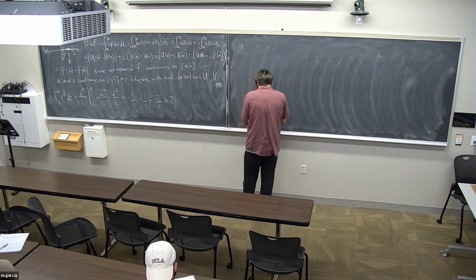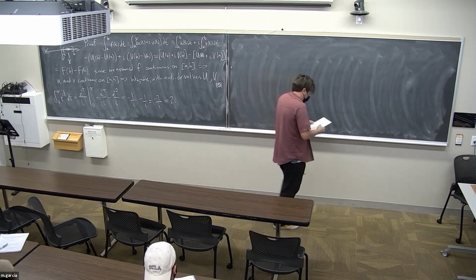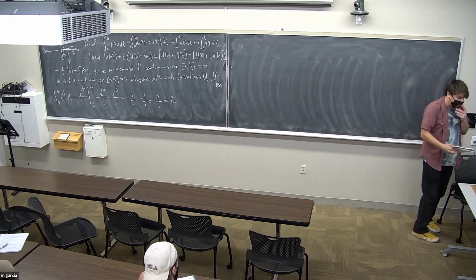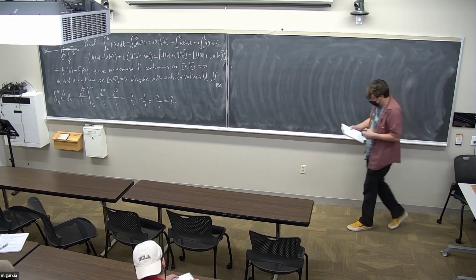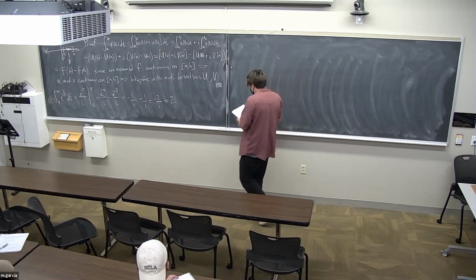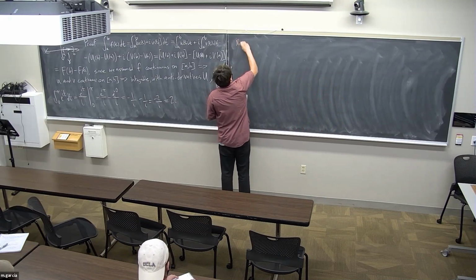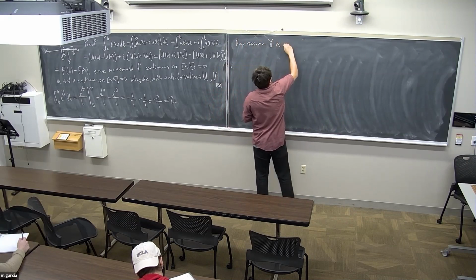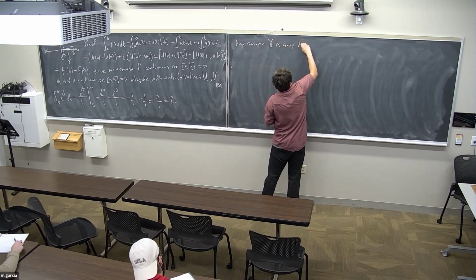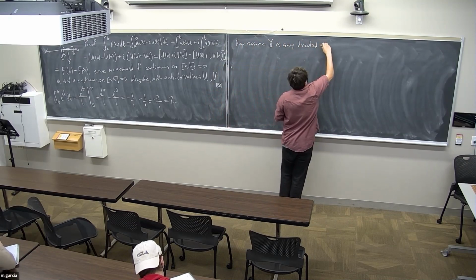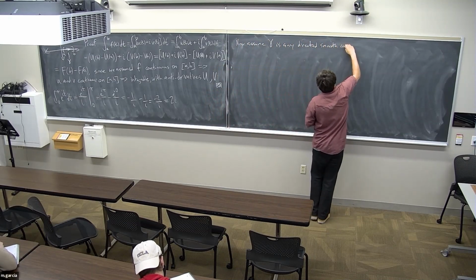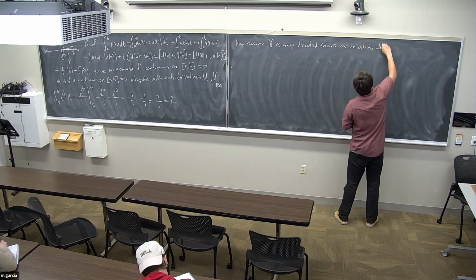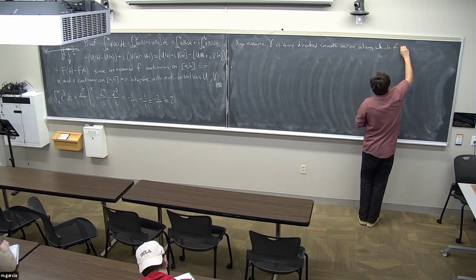Okay, so now let's look at the case where gamma is any directed smooth curve along which f is continuous. So now assume gamma is any directed smooth curve along which f is continuous.